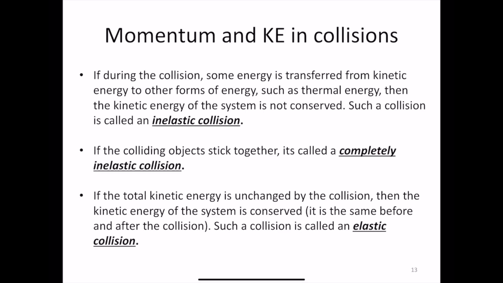So if the total kinetic energy before the collision equals the total kinetic energy after the collision, then we call that an elastic collision. So how is the kinetic energy conserved in an elastic collision, whereas it's not conserved in an inelastic collision? Let's look at a simple example of an elastic collision. Suppose you have two tennis balls which slam into each other, right?